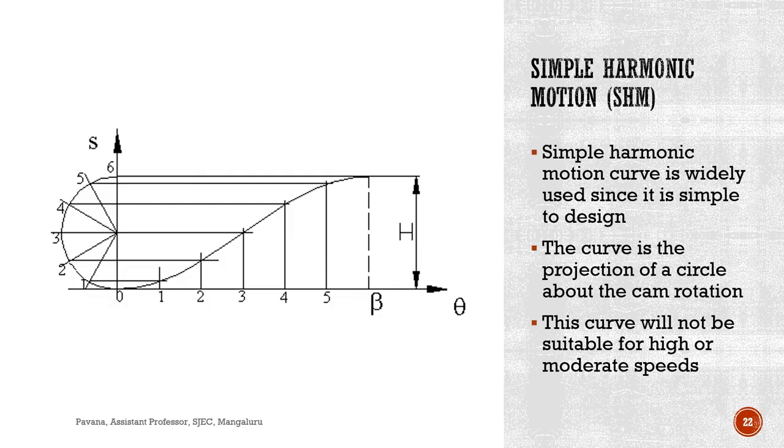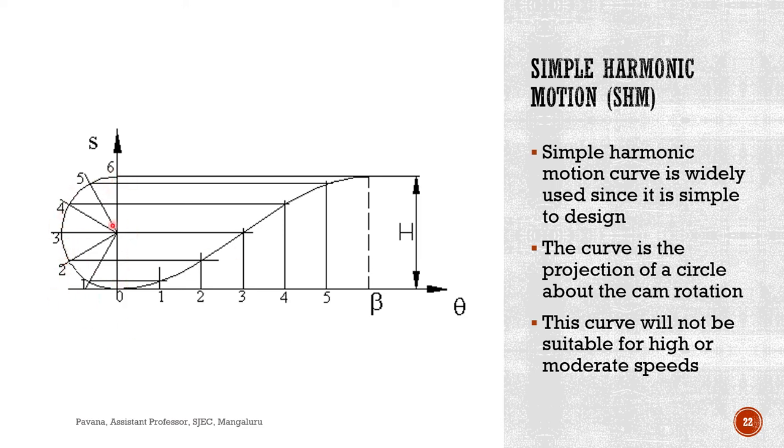Next one, simple harmonic motion or SHM. This is a commonly used simple displacement, since its design is very easy. The curve is drawn by the projection of a circle about the cam rotation axis, which is shown in the diagram here. There is a semicircle.